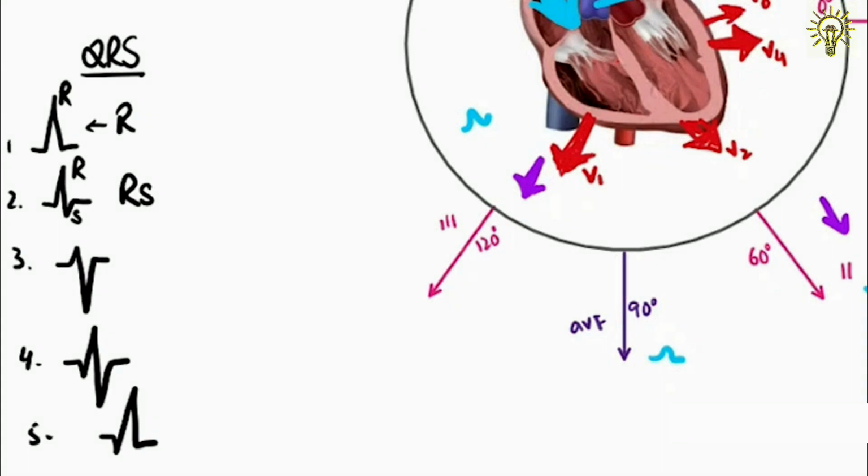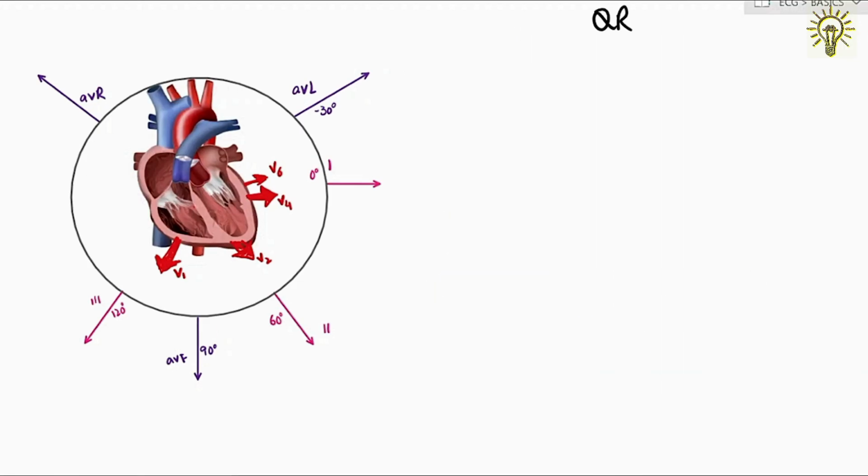The third wave begins with a small r followed by a huge negative deflection labeled as capital S. The fourth wave begins with a negative deflection, so it is called the small q, followed by capital R and capital S.